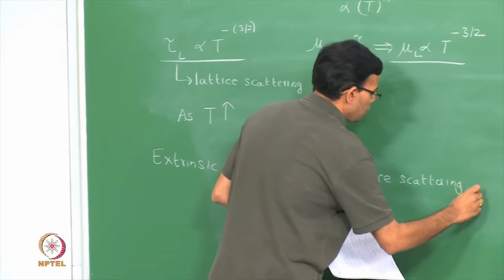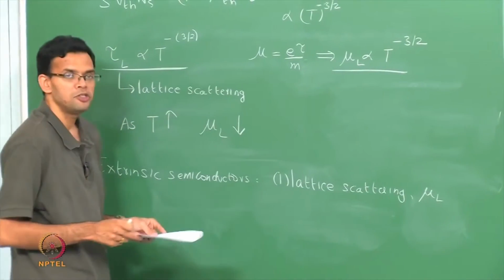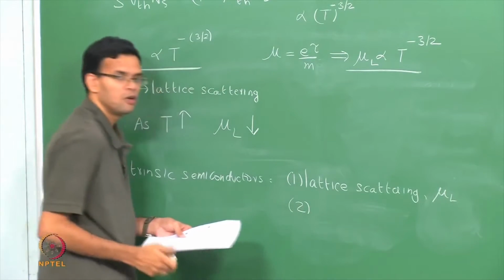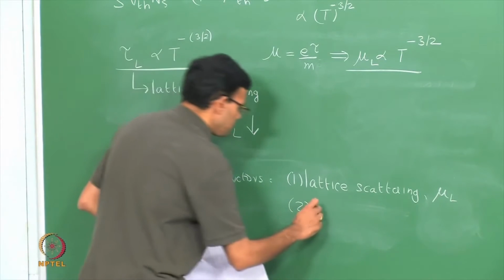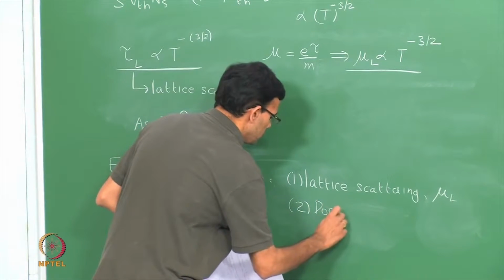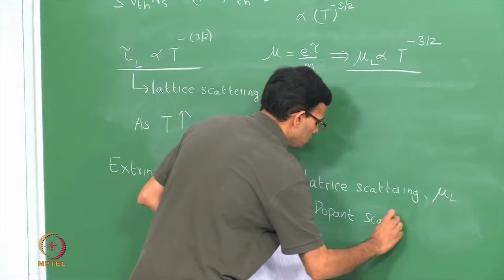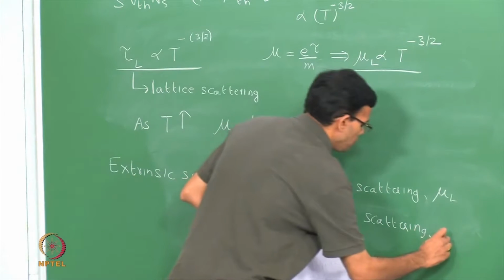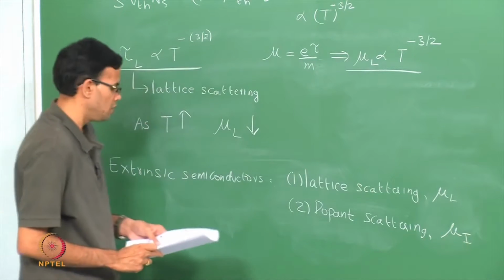And this is given by a term mu L, but you also have the scattering due to your dopants, whether they be donors or acceptors. I am going to call that mu I, where I denotes that these are impurities.